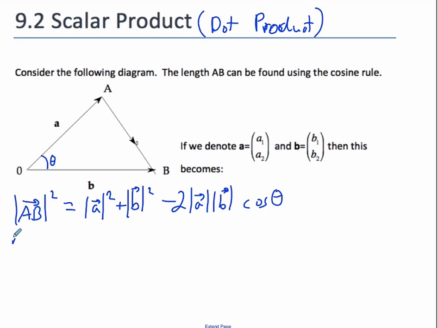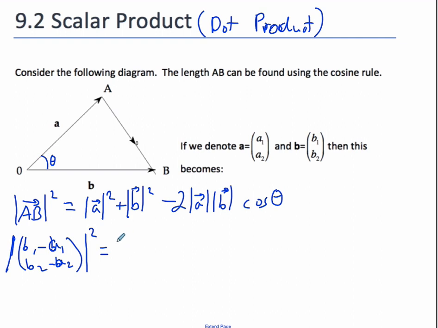So to get AB, we do head minus tail, so we do b minus a, and that means we'll have the vector b1 minus a1, and b2 minus a2. Okay, so that's how we calculate the vector AB.